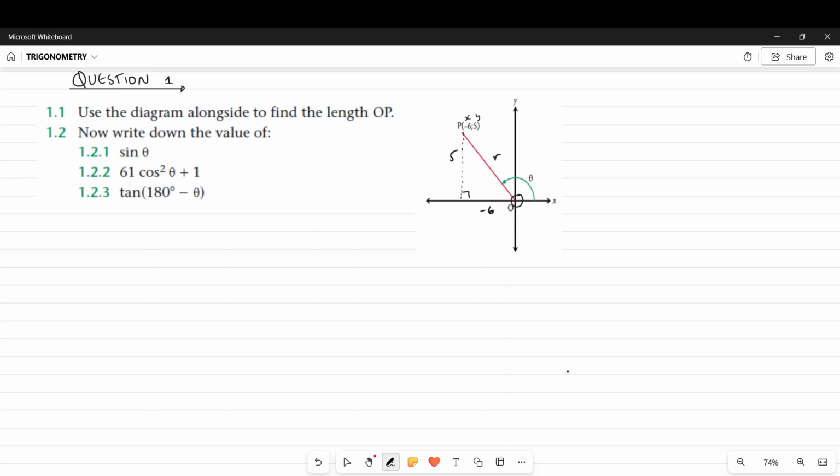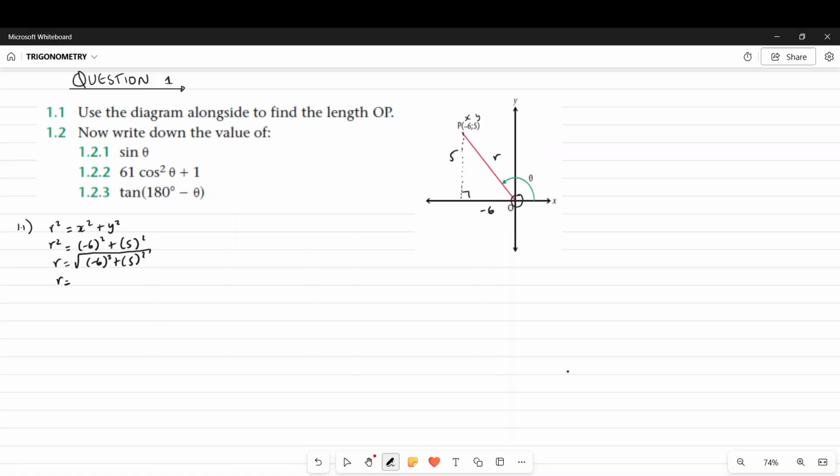For 1.1, we can say R squared is equal to X squared plus Y squared. So R squared is equal to X, which is -6 squared, plus Y, which is 5 squared. So R is equal to the square root of -6 squared plus 5 squared.